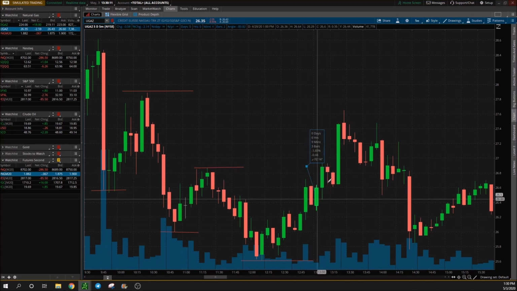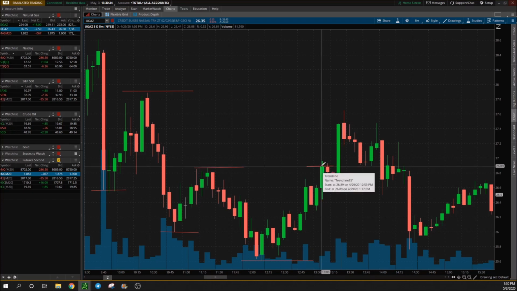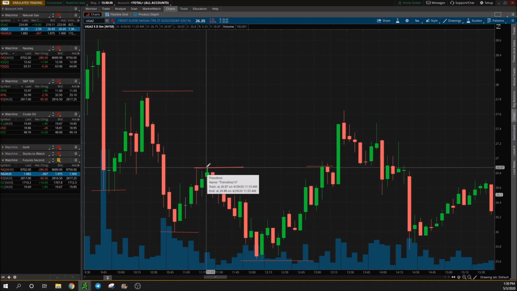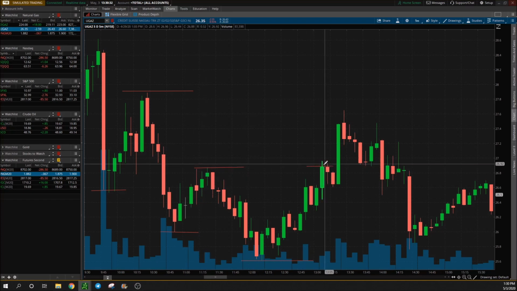we actually found that resistance, and this is where the wicks of the candle become important. So both of these wicks are showing me that we got above this previous resistance level. So we broke past it, and now that is a higher high, is it not? I mean, we could look at this and see we reached this high, and now here we got a higher high. So now this stock might change direction.